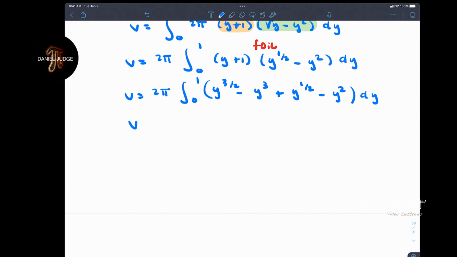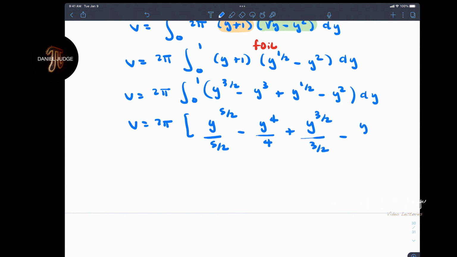Okay. Y to the 5 halves over 5 halves. Y to the 4th over 4. Y to the 3 halves over 3 halves. Y cubed over 3. And that's from 0 to 1.